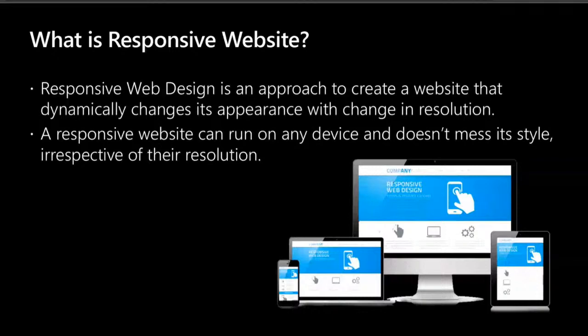If we open this website in PC, those three containers are aligned side by side horizontally. But if we open the same website with a tablet or phone, those containers align themselves vertically. This is responsiveness of a website, that it can change its appearance according to the resolution of the screen.